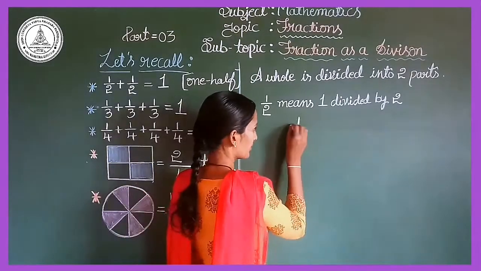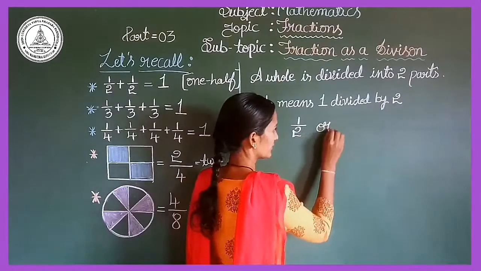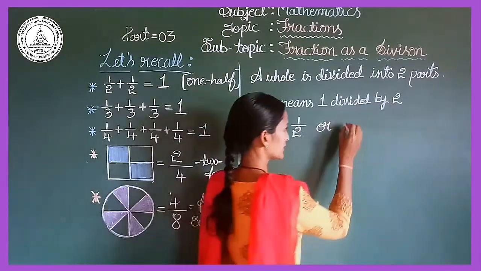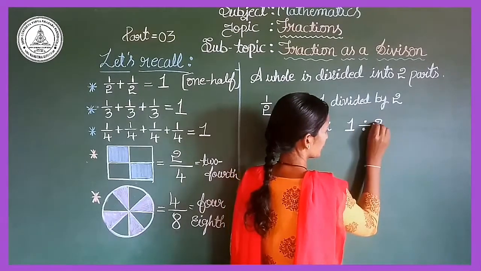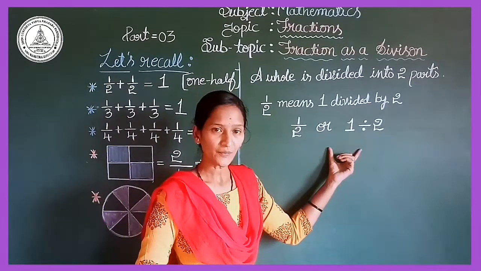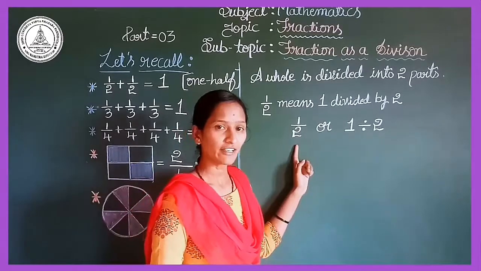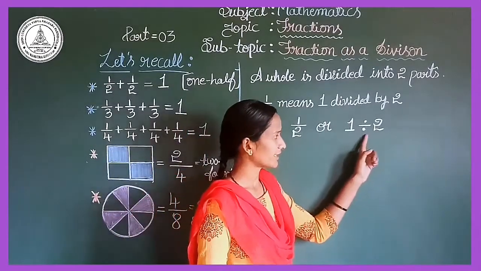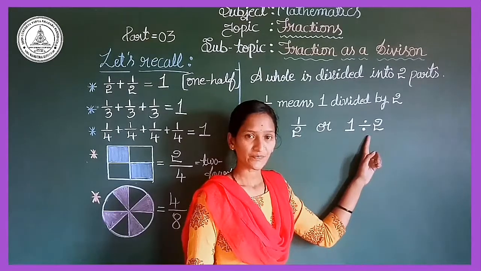See here, 1/2 is just 1 divided by 2. Both are the same. By using the division symbol, we write it as 1 ÷ 2. This is the symbol of division, right?